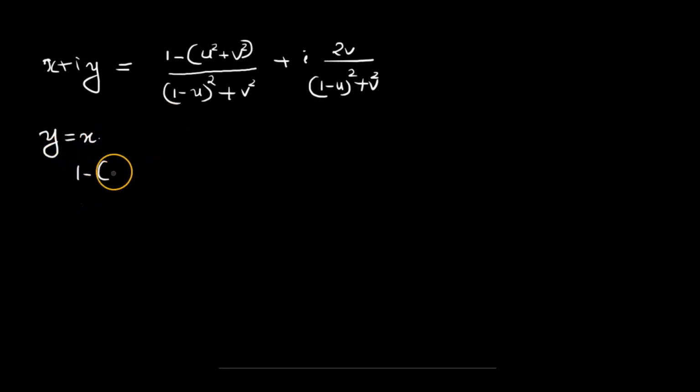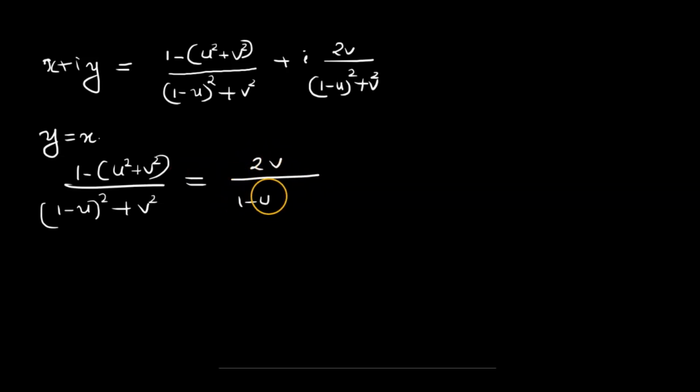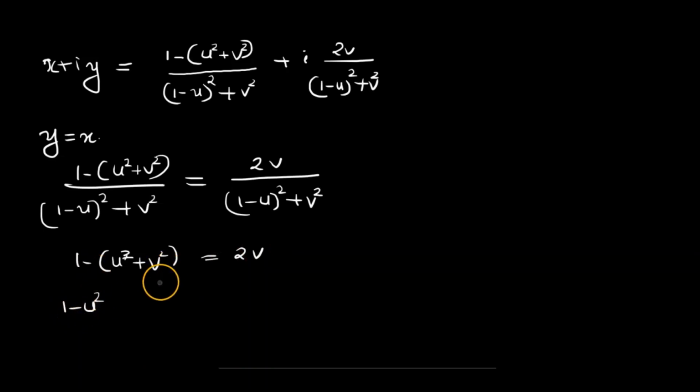We can write (1 minus (U square plus V square)) divided by ((1 minus U) whole square plus V square) equal to 2V divided by ((1 minus U) whole square plus V square). The denominator is the same. So, equating the numerators: 1 minus (U square plus V square) equal to 2V. That is 1 minus U square, taking minus V square this side, 2V plus V square. So, what we get? 1 minus U square equals V square plus 2V.